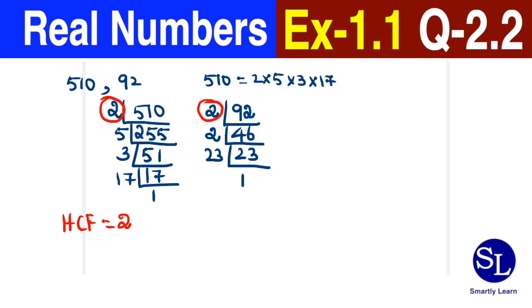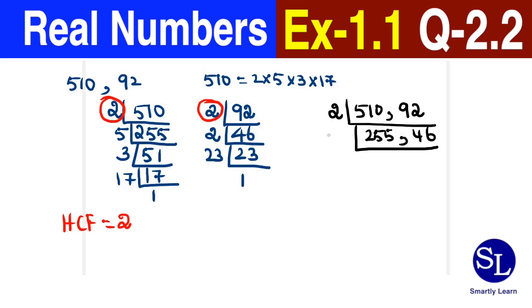Now let us calculate the LCM for these two numbers. So 510, 92. I'm going to start dividing by prime factors. So just start with 2. This gives 255, 46. Now if I continue with 5, this gives 51, 46.